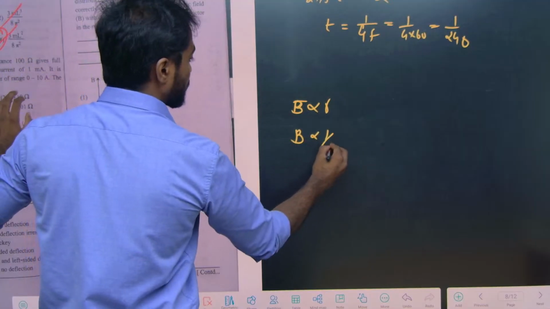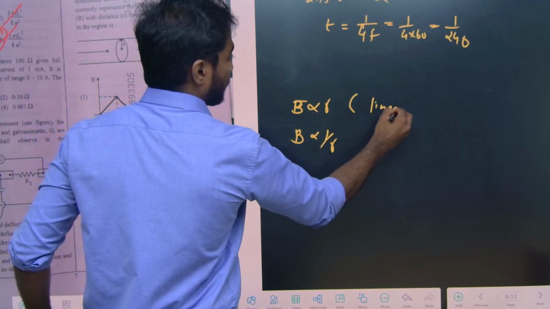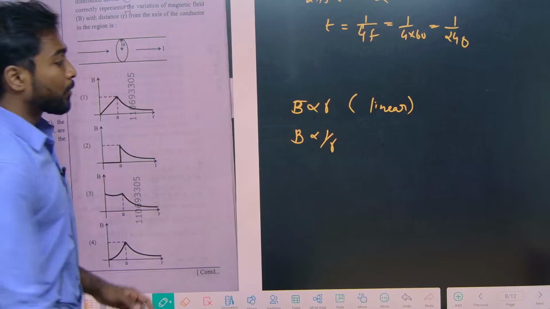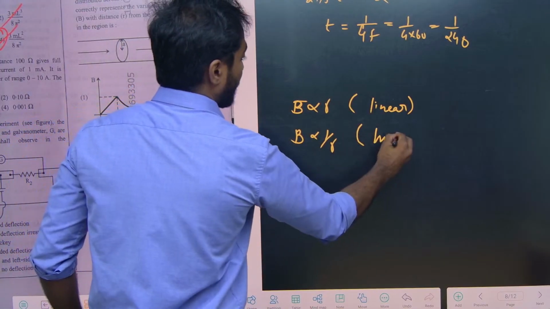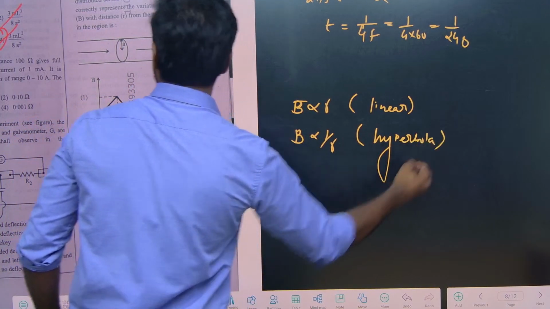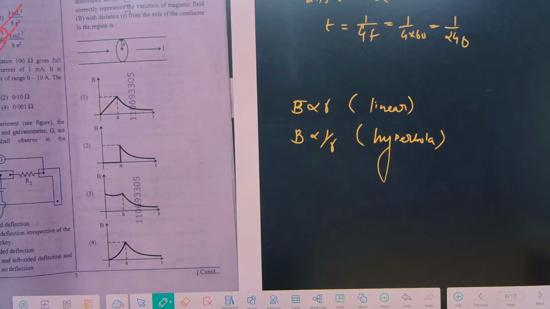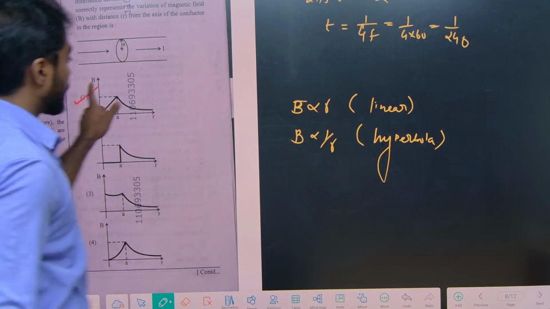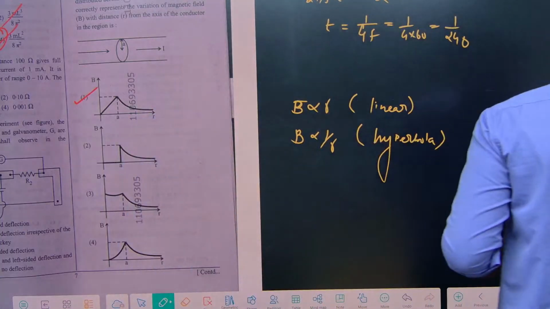B is inversely proportional to r. This is linear, this is linear, and what about this one? Hyperbola, no? So first increasing and then it is hyperbolic. Option 1 is the answer.